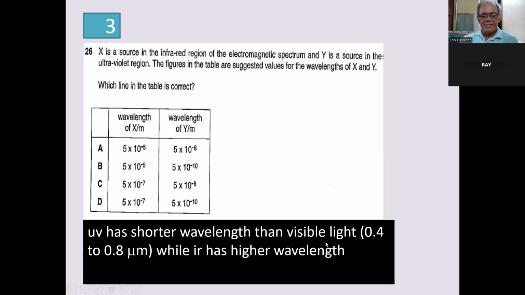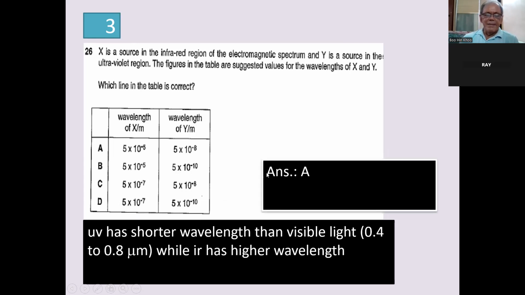Ultraviolet is shorter wavelength, less than 0.4. So this is about there. Then infrared, higher wavelength, greater than 10 to the power minus 6. It's 10 to the power minus 5. A.